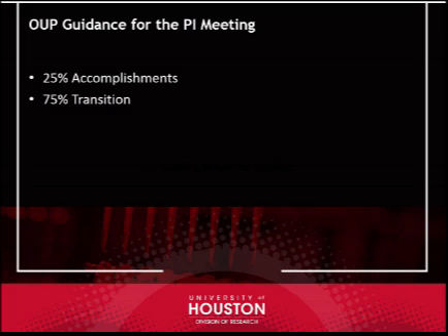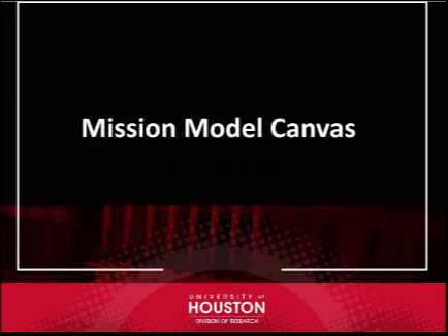I'll ask you not to take these numbers strictly, but we are in the process of putting together some guideline template slides that will help you present your project, the value that your project brings, and the steps to the transition. And the instrument that we have selected, next slide, is the mission model canvas.